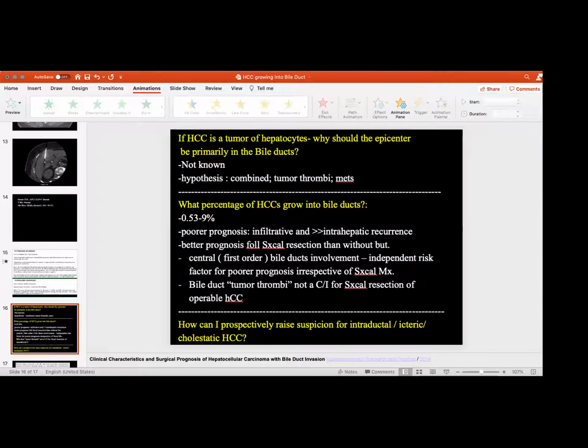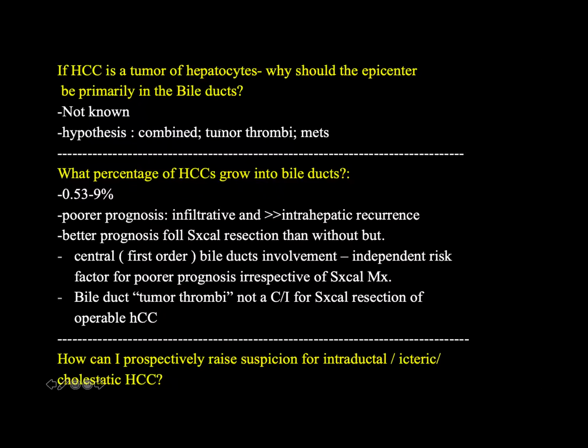But the question that I always ask myself: if HCC is a tumor of hepatocytes, why should the epicenter be primarily in the bile ducts? So I looked at the literature. There are different theories, but one is that maybe this is not purely an HCC.